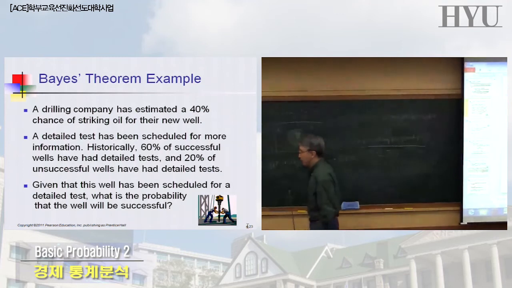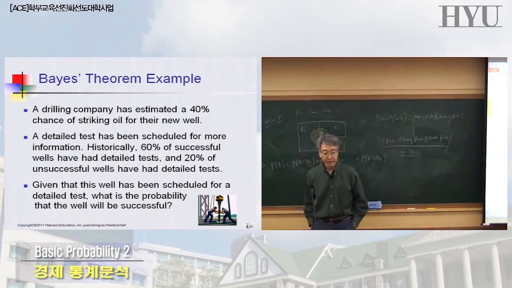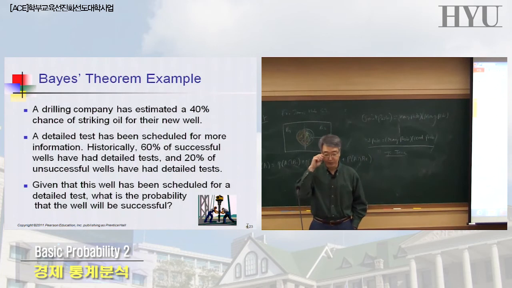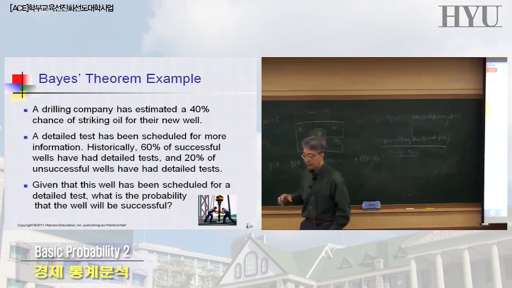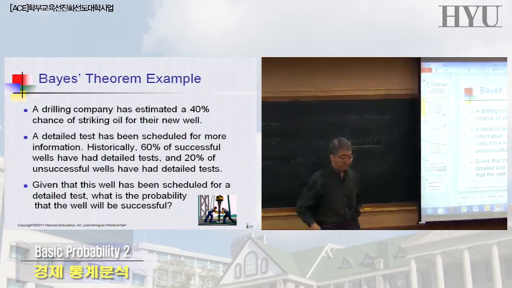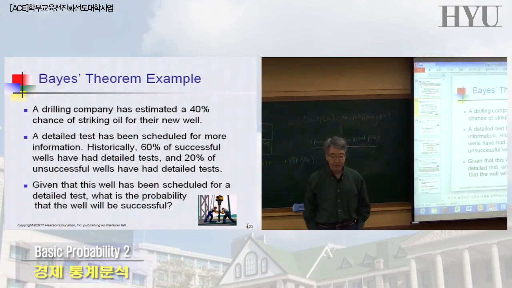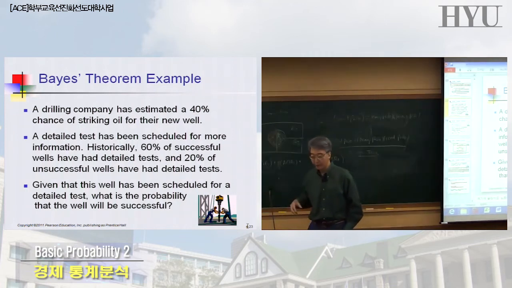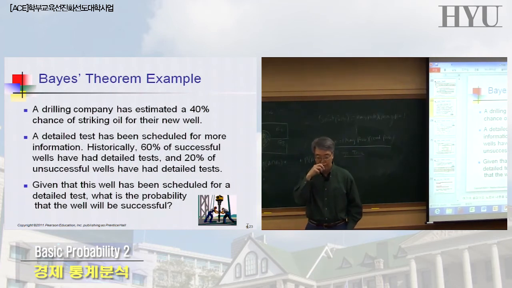Oil exploration is a risky business. It's a gamble. You spend a lot of money to drill a certain site. Of course, before you start drilling, you will do all kinds of tests. And if there is any chance of finding oil, you will start drilling. Sometimes you hit, sometimes you don't. It's called a gusher or a dry well.